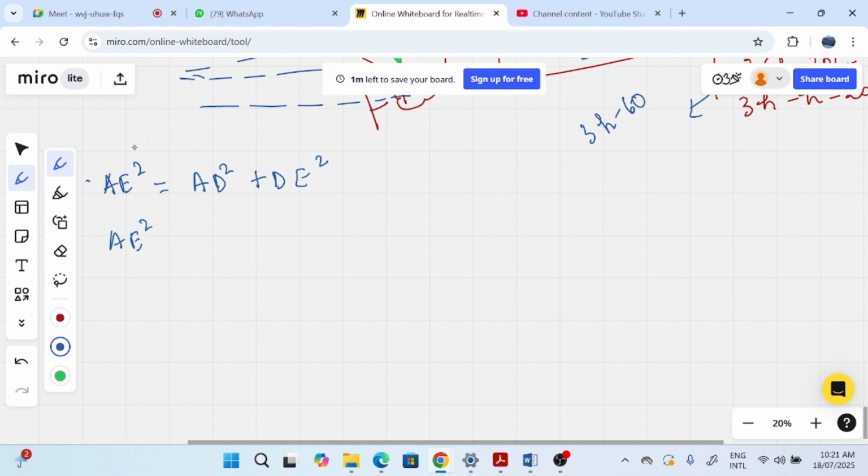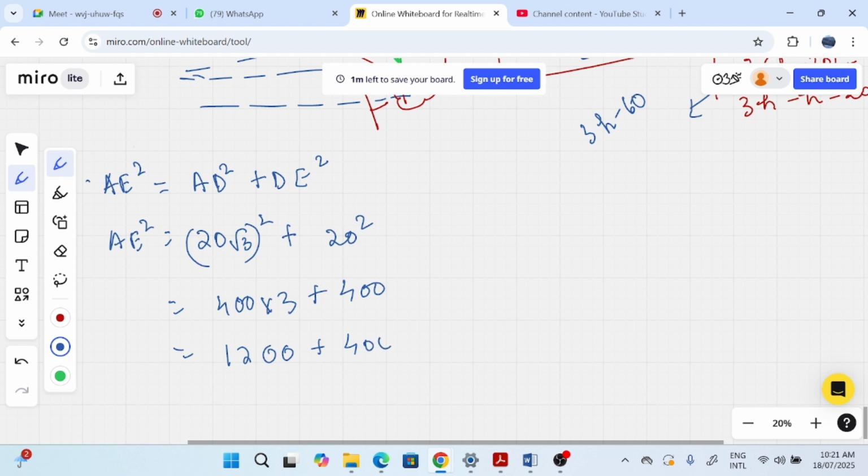So AE square is equal to 20 root 3 square plus 20 square, which is 400 into 3 plus 400, which is 1200 plus 400, which is 1600. So AE equals under root 1600. So AE is equal to 40 meters.